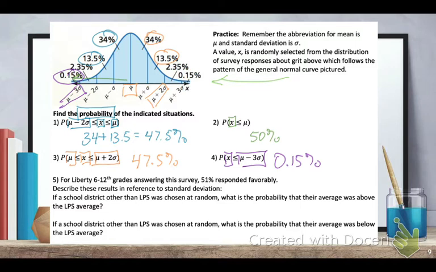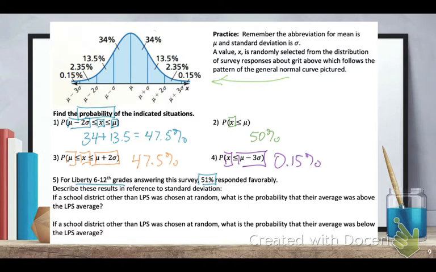Let's answer another question. This says, describe these results in reference to standard deviation. If a school district other than Liberty was chosen at random, what is the probability that their average was above Liberty's average? Notice that it's stated that for Liberty, 51% responded favorably.